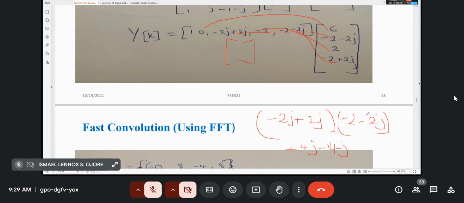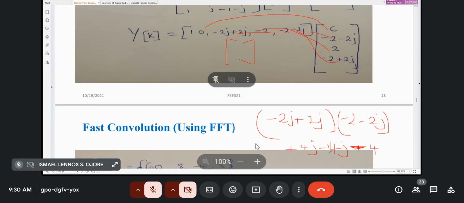I'll multiply these two with this. Then this is plus 4 times minus 1, so this is minus 4. And then multiply. Only this is minus 2j plus 2j. Then multiply this. This is minus 4 plus 4.